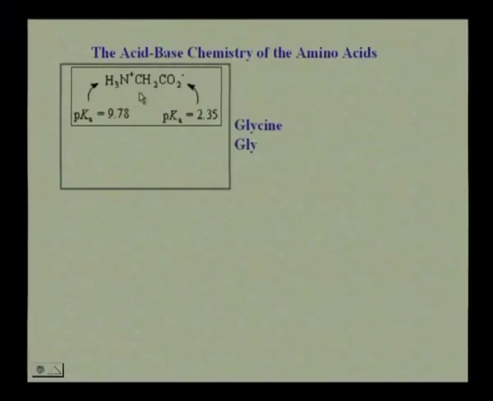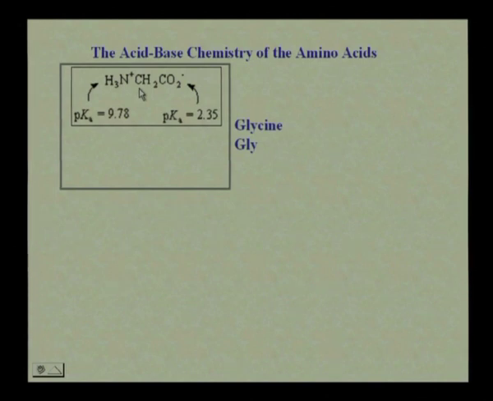Okay, we continue our discussion on the acid base chemistry of amino acids, which we were discussing in our last class, and we understood that if we have a structure such as this, as in glycine, we have our protonated NH3 plus and we have our CO2 minus.